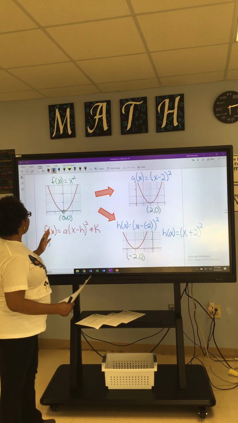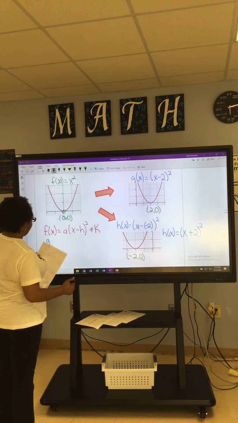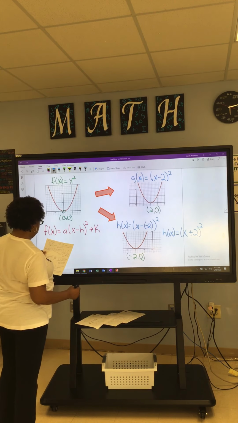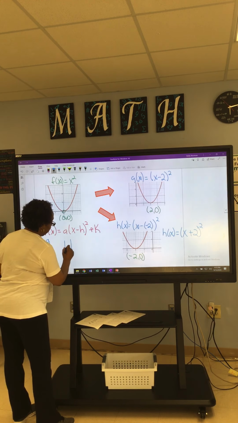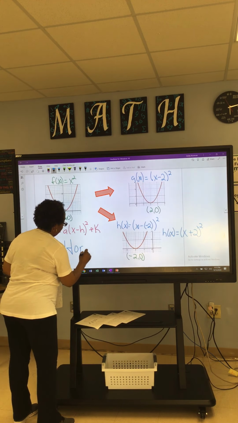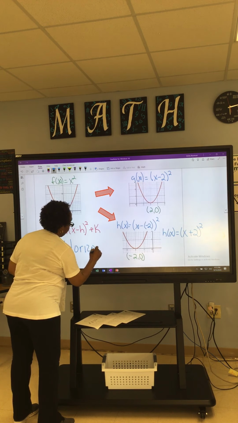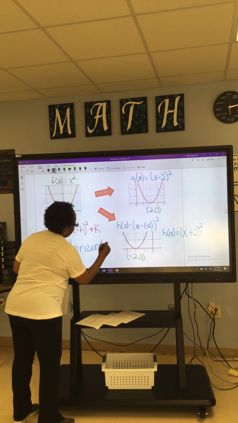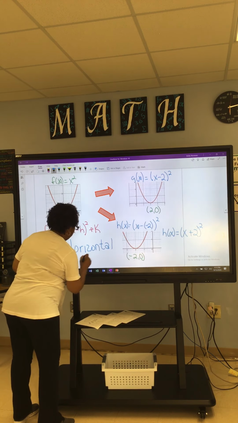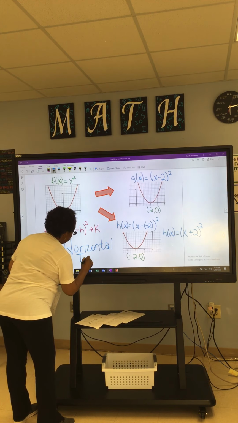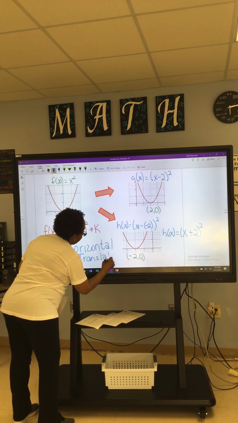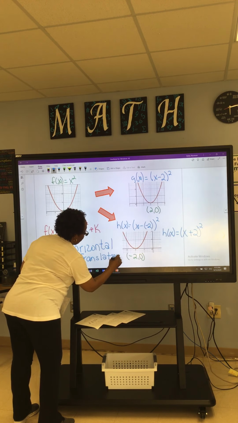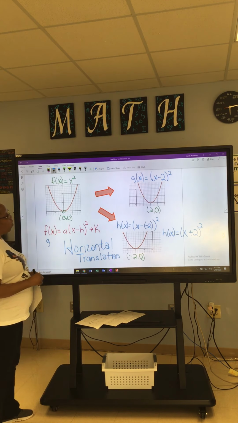So this was a horizontal translation. The other one we did was a vertical translation.